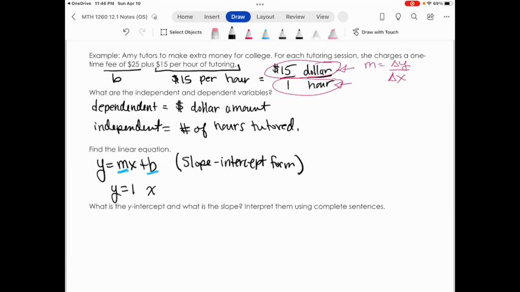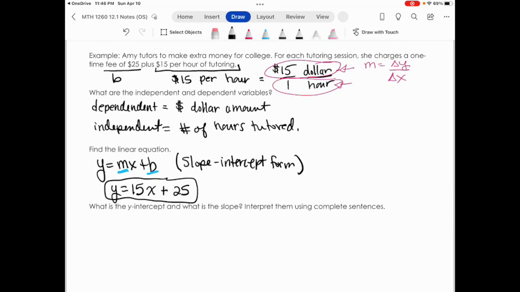Our slope is our rate, which was given to us as $15 per hour, and our initial value is 25. That's our b. So there's the equation of the line. And now, since we have that set up, we can use that to find different costs depending on the value of x.